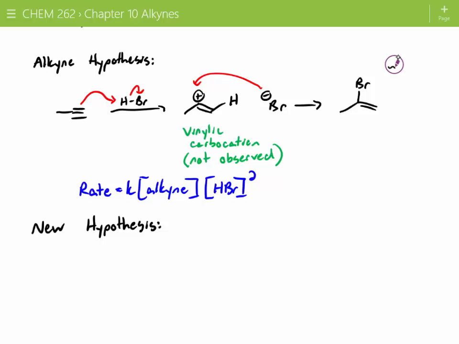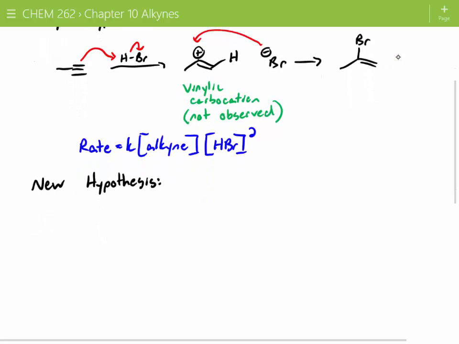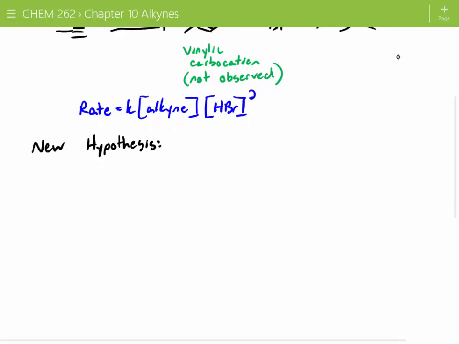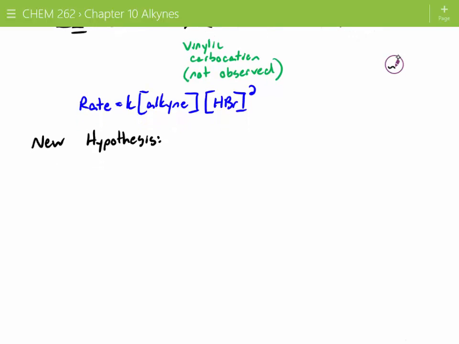And this is common in organic chemistry: you come up with data and then you have to modify your mechanism. So we're always looking for data that proves, or disproves, a mechanism. If we have data that disproves a mechanism, we need to come up with a better mechanism that is more plausible.